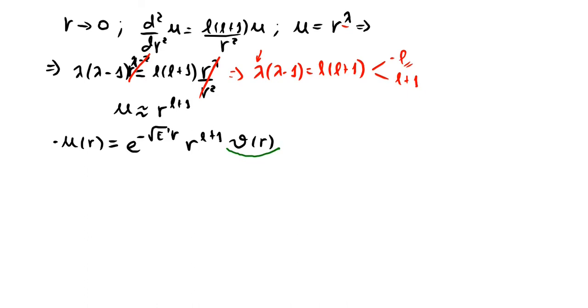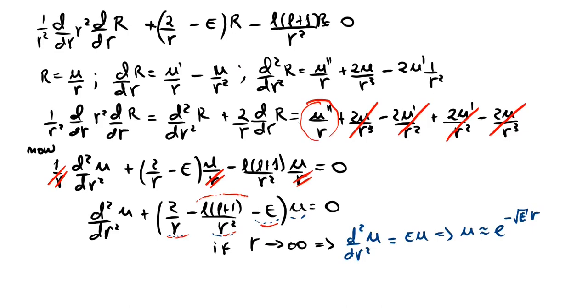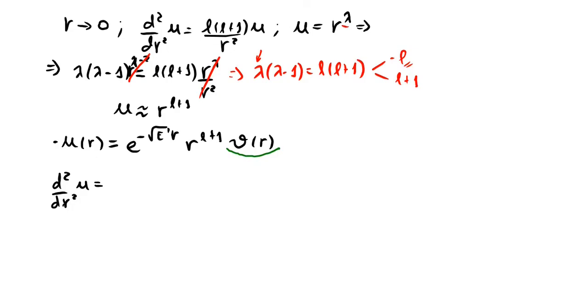This is what I finally need to solve as a differential equation. In order to do that, I need to find the second derivative of u in this form, because this is the derivative term on the left side of this equation. This is the only derivative term that I need to care about. The other ones I can add later on.